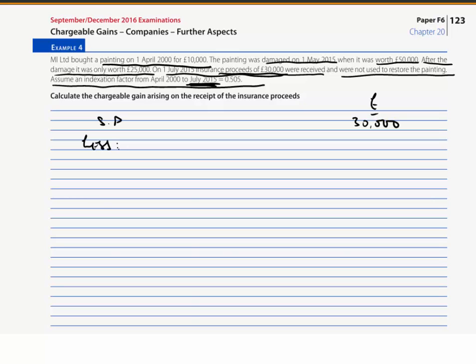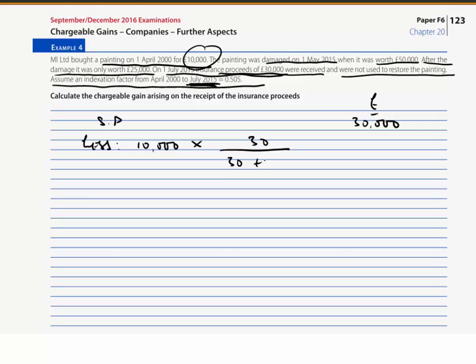But because it's not totally lost here, not totally destroyed, this is a part disposal rather than a total disposal. How do we deal with that? What was the original cost? Original cost, £10,000. 10,000 times, what was our A over A plus B calculation, times sales proceeds, 30,000 over 30,000 plus value remaining.